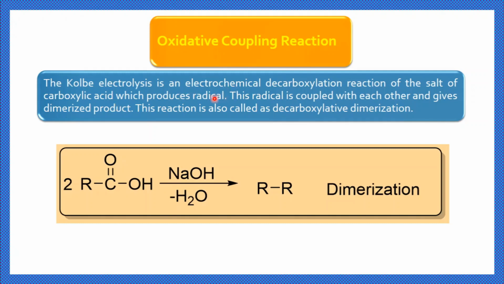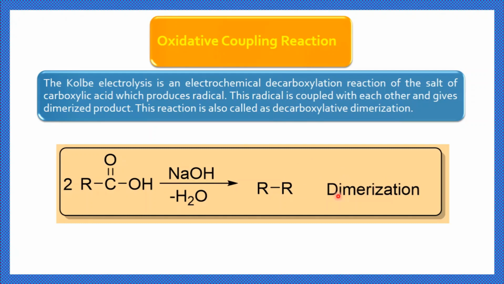After decarboxylation, you will get the radical. This radical is coupled with each other and gives dimerized product, and this reaction is also called decarboxylative dimerization. So this is the reaction: two molecules of carboxylic acid react with NaOH, anodic oxidation takes place, you will get this product, and the reaction is a dimerization reaction.